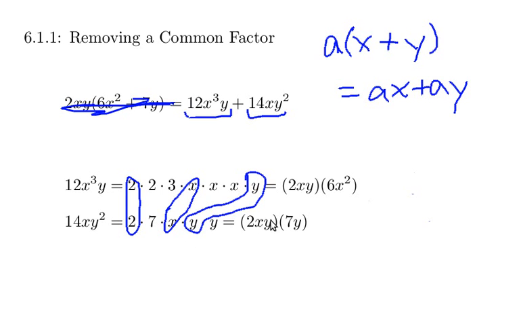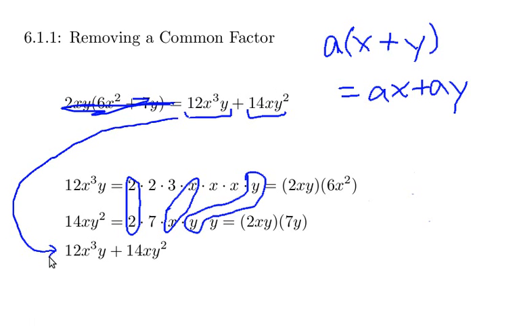Now the reason why this is significant is because now let's rewrite this expression. So we have 12x cubed y plus 14xy squared. This was just rewriting this. This is the same thing as this. Now let's rewrite this using these substitutions. So we have 2xy times 6x squared, plus 2xy times 7y.